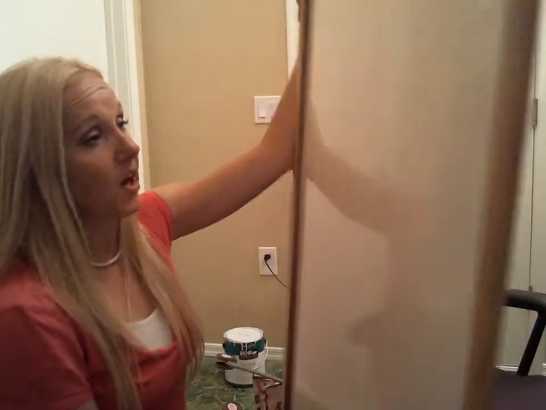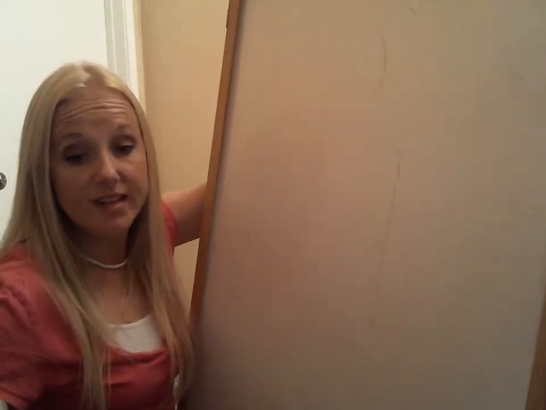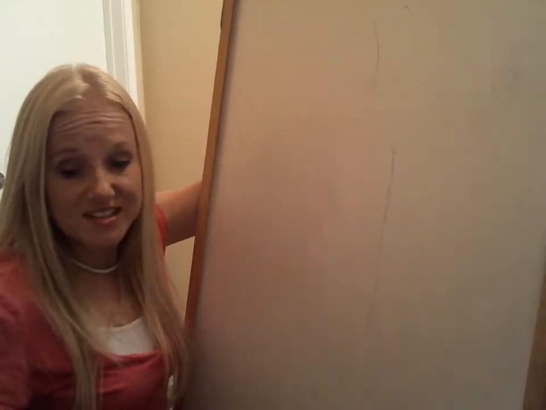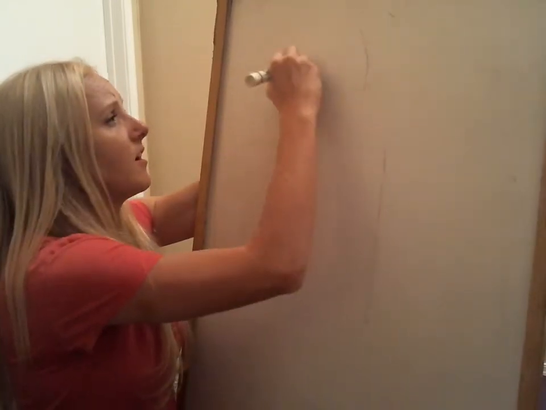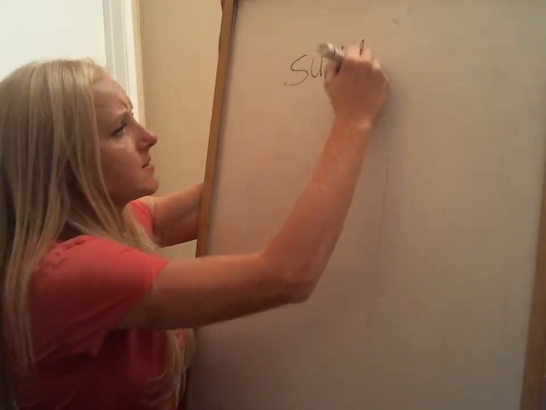Now we are going to get on to summonses. Summons are the paperwork that summon the defendant to court. So this is the notice that they're going to get. At the very top, you are going to write summons.